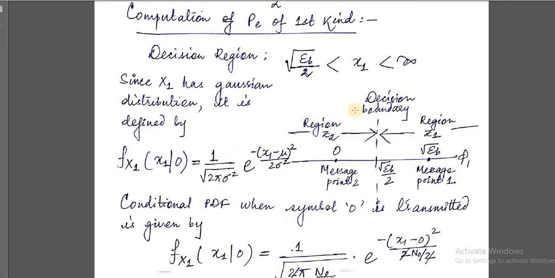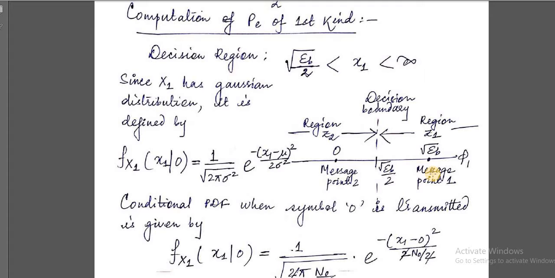But if the noise interference is less, then if the received signal point lies in region Z2, it is close to symbol 0, and the decision will be taken in favor of symbol 0, which is a correct decision. But if 0 is transmitted and the received signal or symbol point lies in region Z1, the decision will be taken in favor of bit 1, which is a wrong decision.